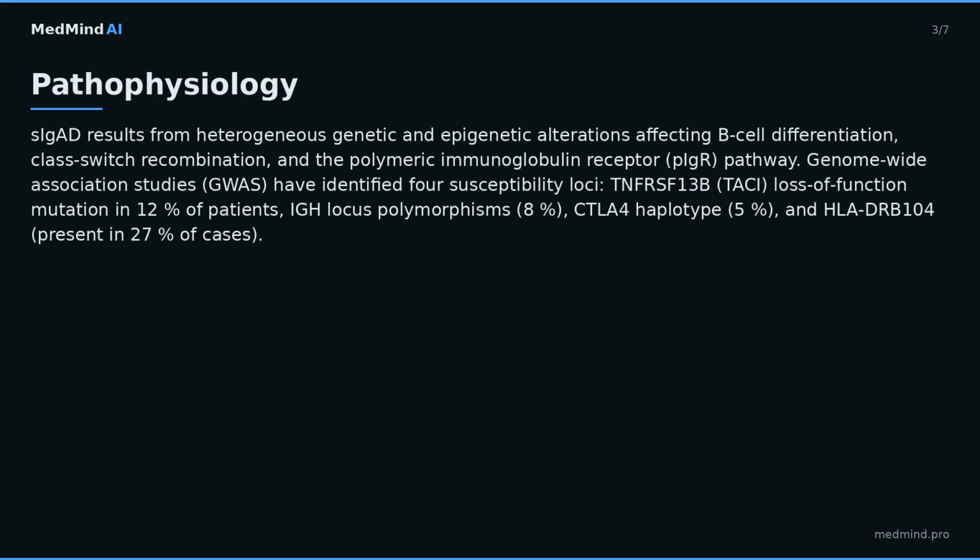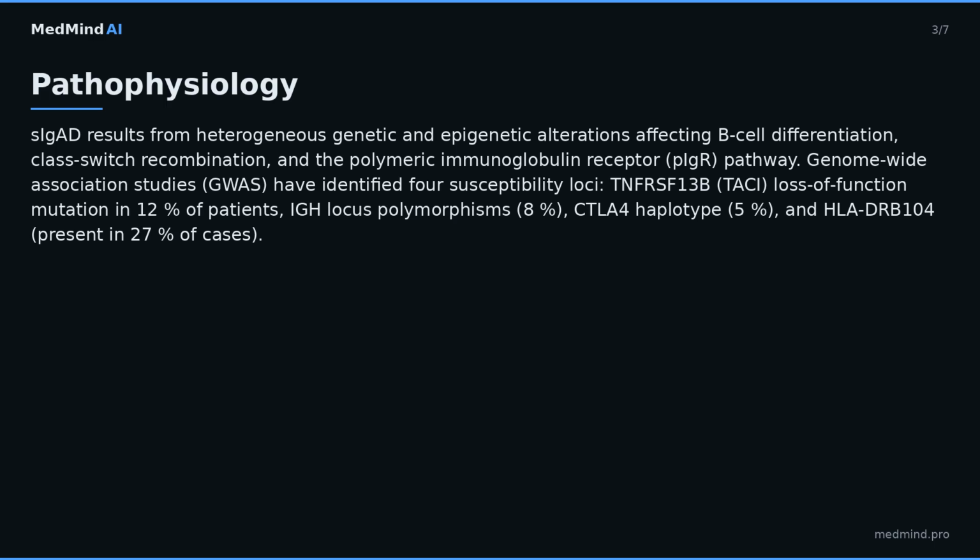Pathophysiology. sIgAD results from heterogeneous genetic and epigenetic alterations affecting B-cell differentiation, class switch recombination, and the polymeric immunoglobulin receptor, PIGR, pathway.